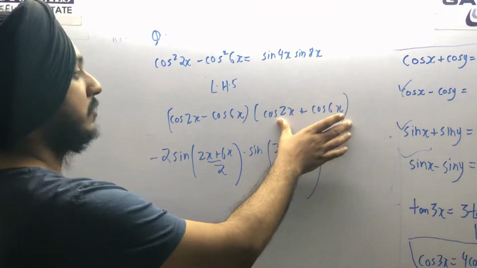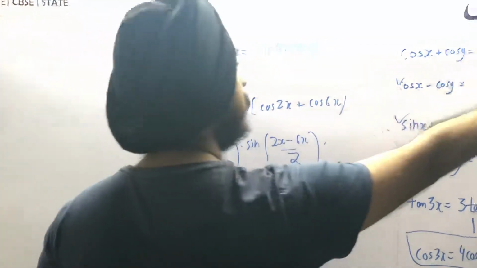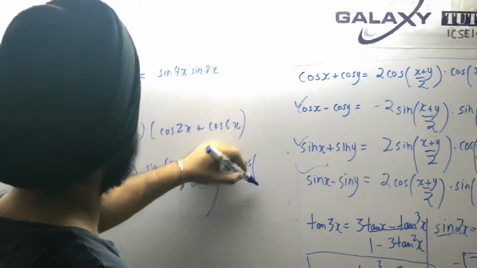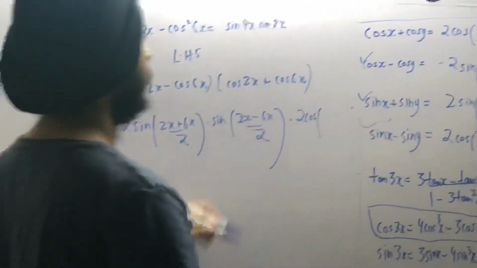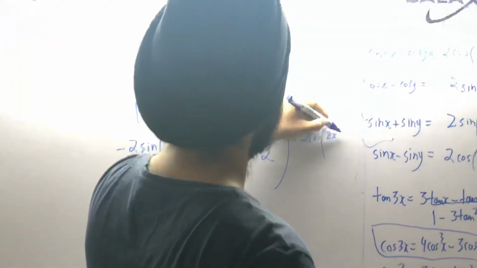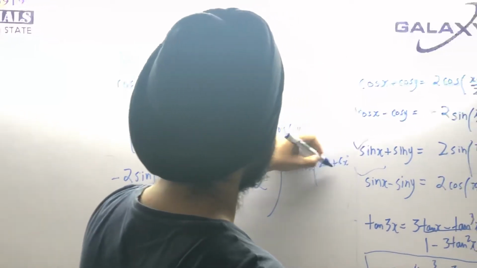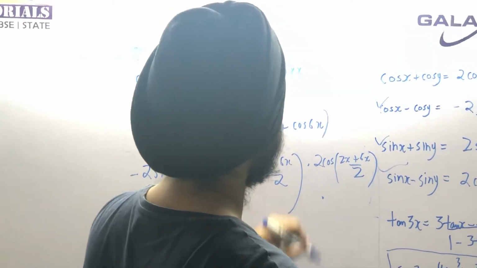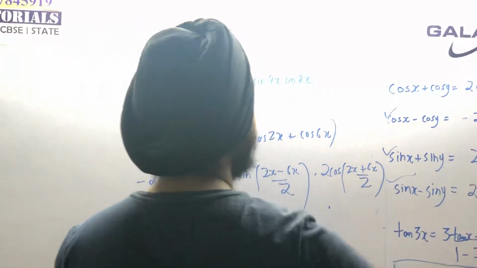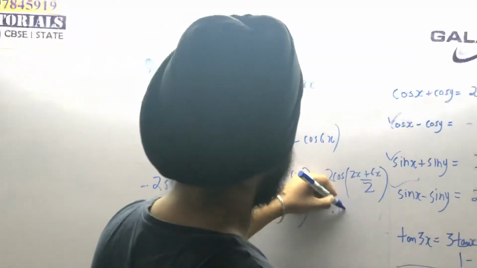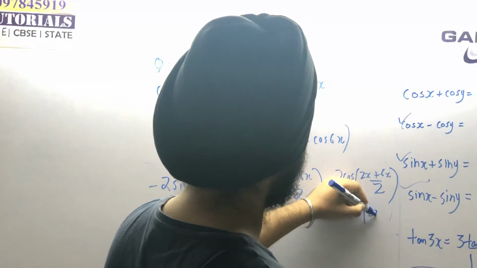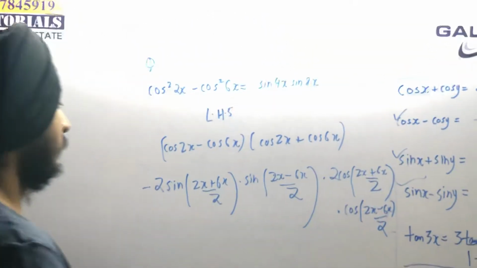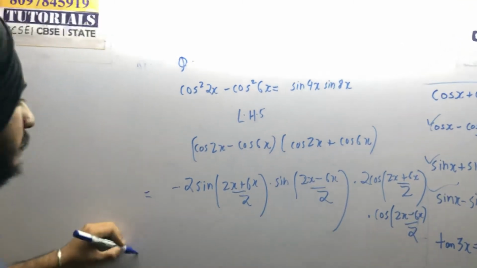Next formula is cos x plus cos y. So this is 2 cos x plus y by 2, so 2x plus 6x by 2, multiplied by cos x minus y by 2, so cos 2x minus 6x by 2. Now just simplify this further.